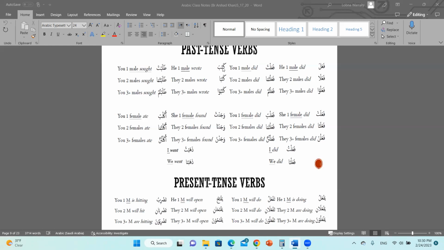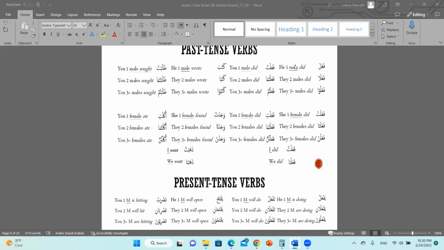The original form is going to be as it is. Kataba is when two people write. Katabu is they wrote. Wajadat, when you find the ta sukun, obviously she found. Wajadata is they both found, female. Wajadna. So always look at the last letter that was added in any of the original three-letter verbs, and that should help you distinguish them and recognize what sort of verb it is.